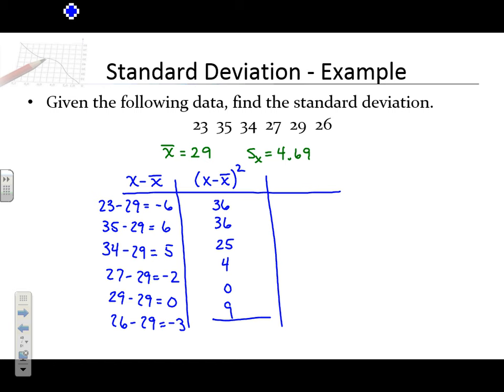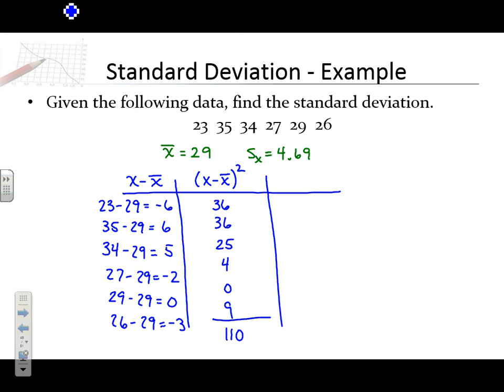So what do we get if we add up all those values? 110. Did I get 110? Okay. So there's the sum of our squared deviations. That's the entire top of that formula. Done right there. So 110 would be the sum for that top part of the formula.